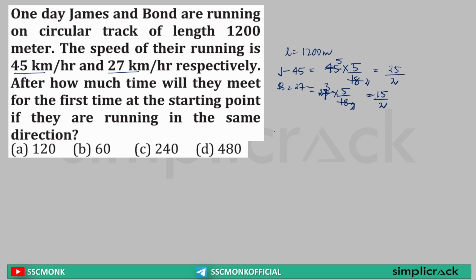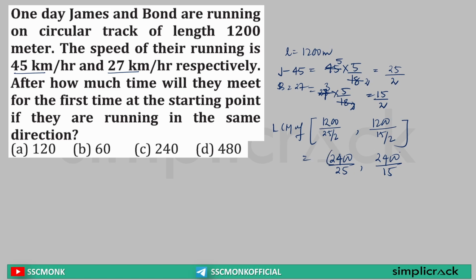Now what is told? For the first time means LCM of the times, that is 1200 divided by 25 by 2 and 1200 divided by 15 by 2. This can be written as LCM of 2400 divided by 25 and 2400 divided by 15.